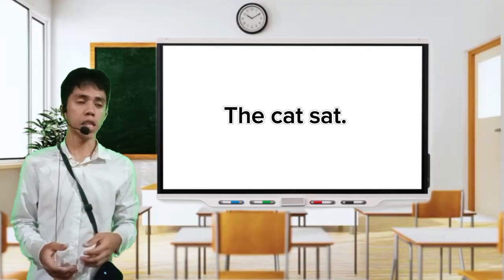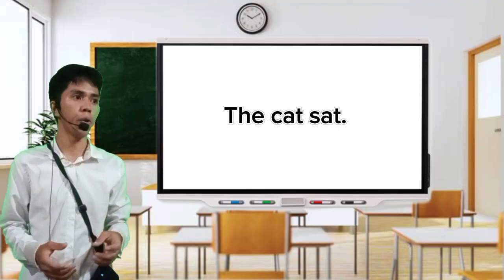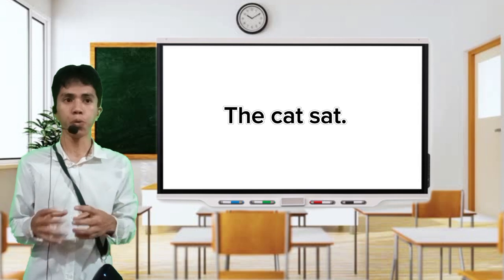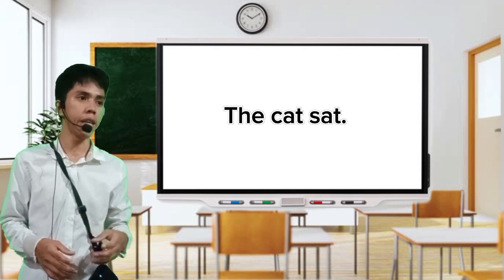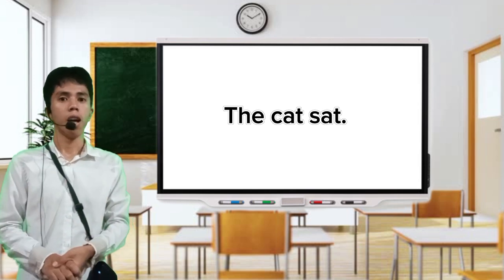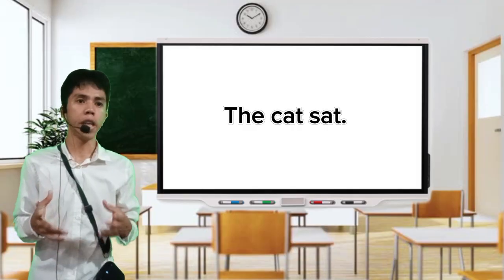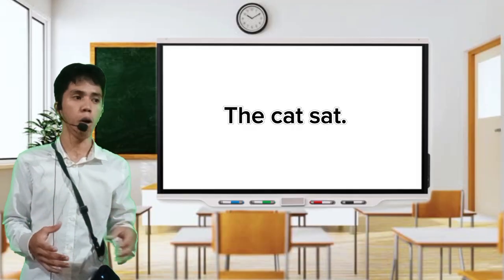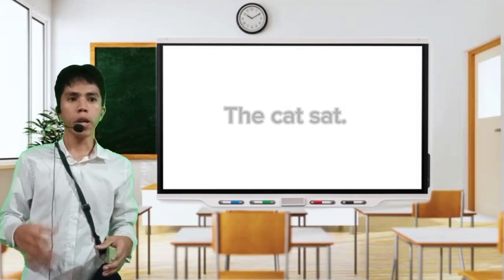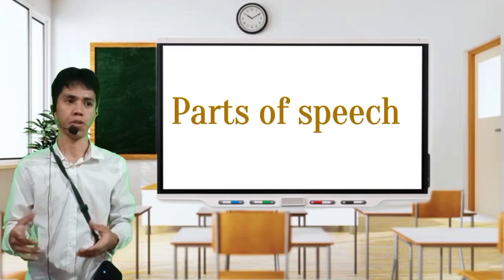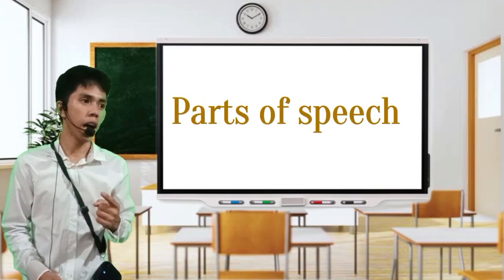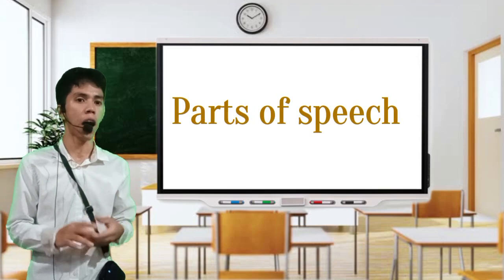Sometimes, using just one wrong word can make our sentences sound strange or even change their meaning entirely. Today, we're going to delve into these different kinds of words, which we call the parts of speech. Get ready to unlock the building blocks of our language.